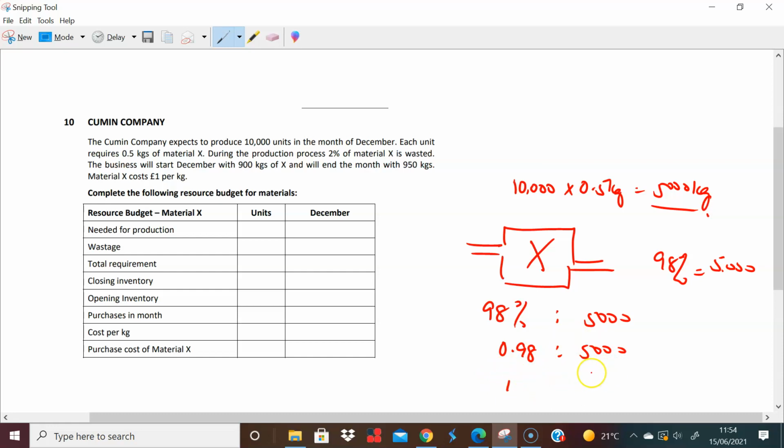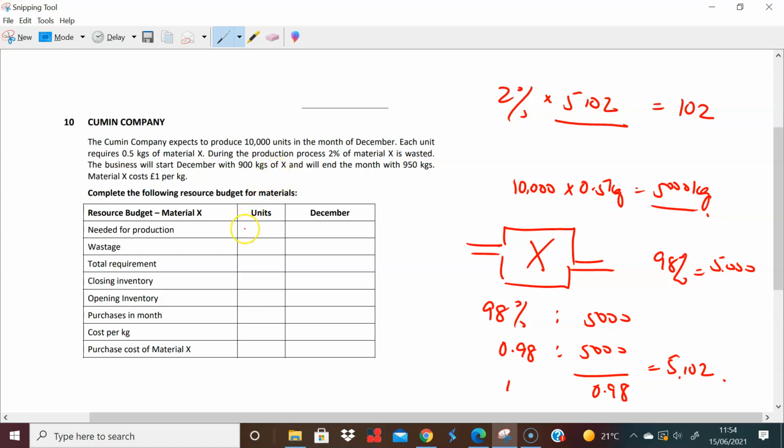I do that by dividing by 0.98, and you will get 5,102. If you now take 2% of 5,102, you will see that you lose 102.